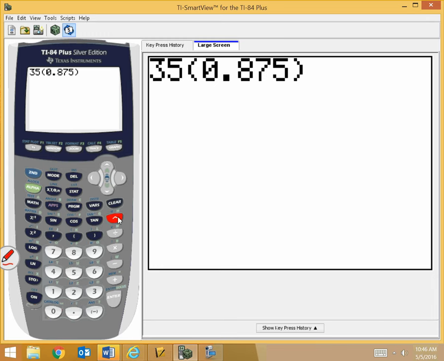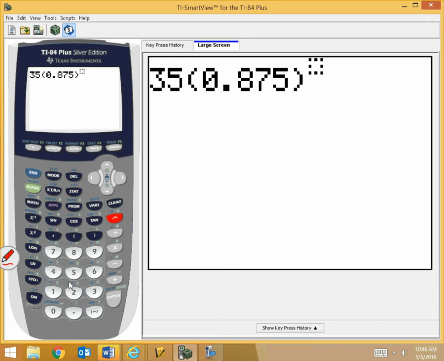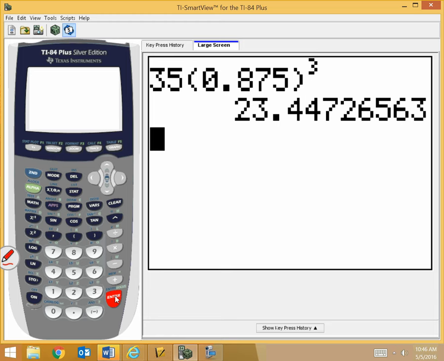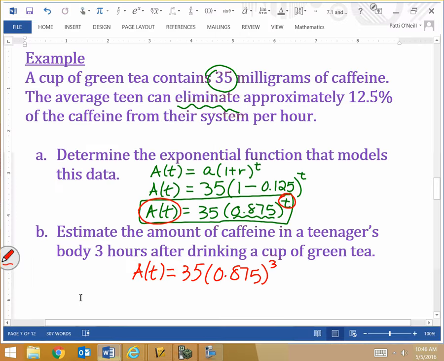I'm going to use my caret key for my exponent to the third, and we will get an answer of approximately 23.447. So if I go back to my other screen, I will say that there will be about 23.447 milligrams of caffeine left in the teenager's body after 3 hours of drinking a cup of green tea.